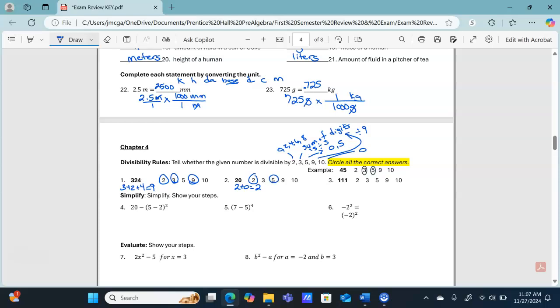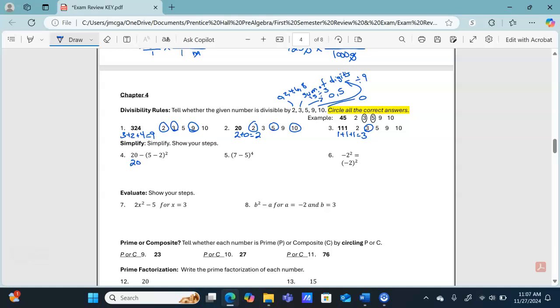It ends in 0, so it's divisible by both 5 and 10. 111 is not divisible by 2, but the digits add up to 3, so it is divisible by 3 and nothing else.